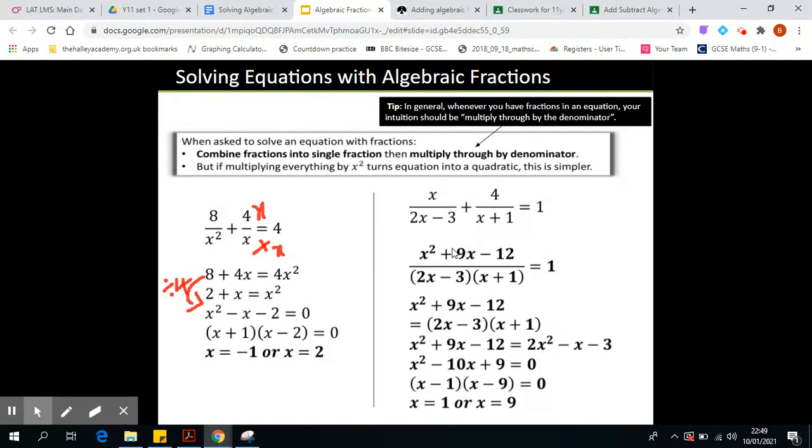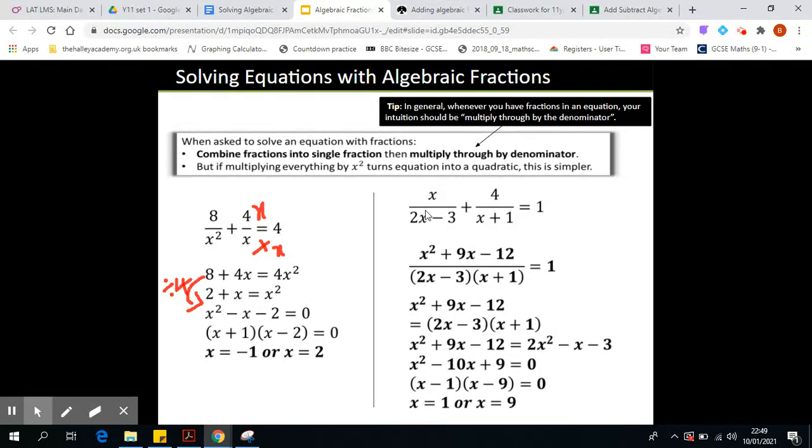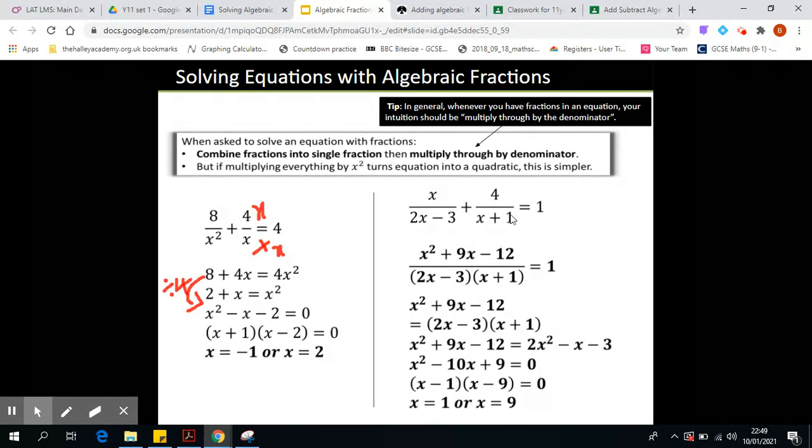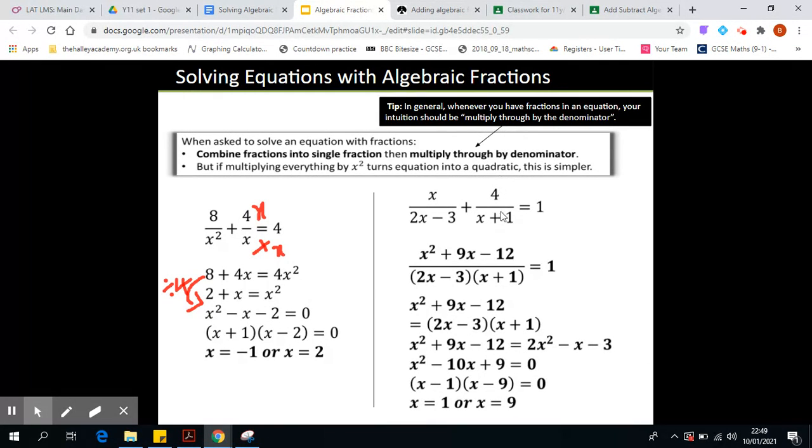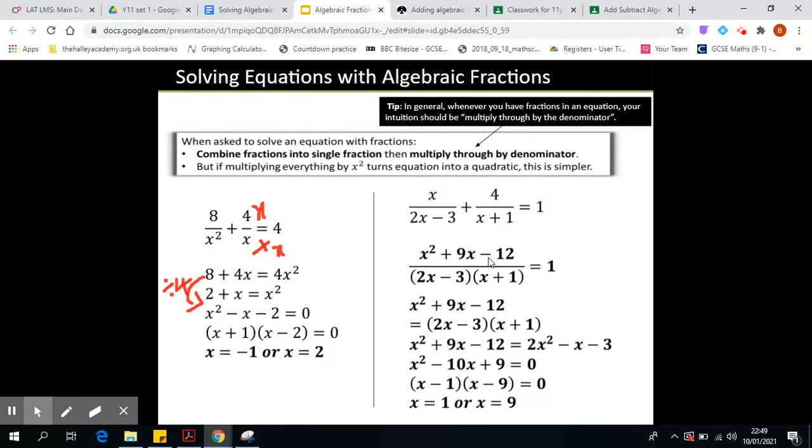To get the common denominator, we multiply the first fraction by x plus 1 and the next fraction by 2x minus 3. Expanding the brackets and adding, we get x squared plus 9x minus 12 over 2x minus 3 times x plus 1 equal to 1.